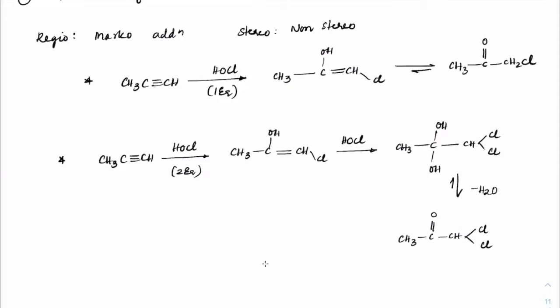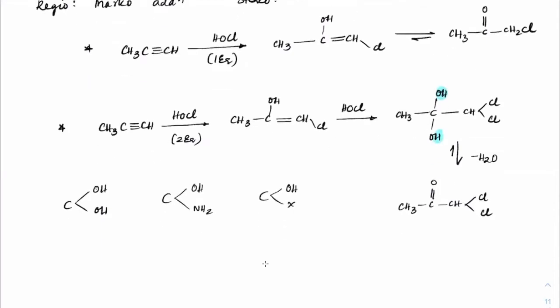H2O is removed, sir. Beta, H2O is removed here. OH and H are removed. Why, sir? See, any carbon containing two lone pair containing groups like OH and NH2, like OH and any halide, correct? If carbon contains these two, because of the lone pair repulsions between them, it would be an unstable form.